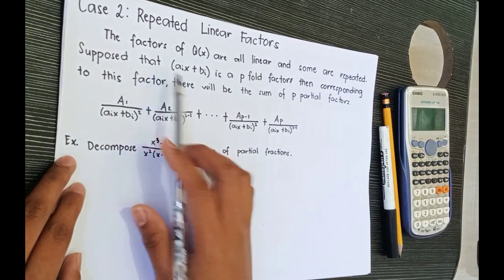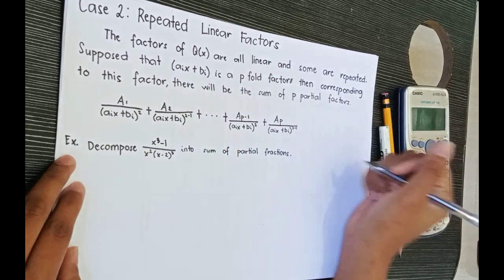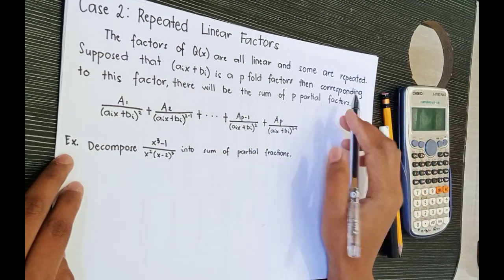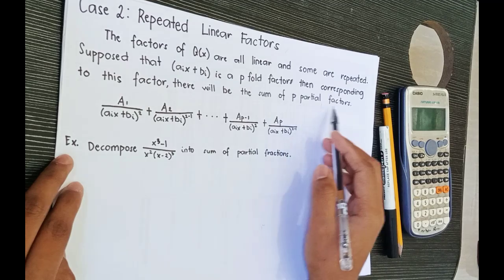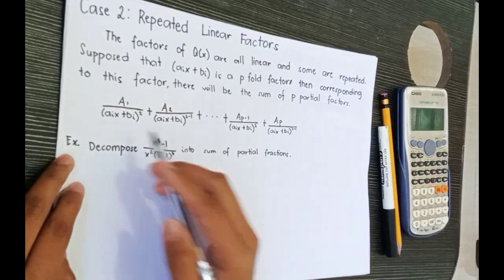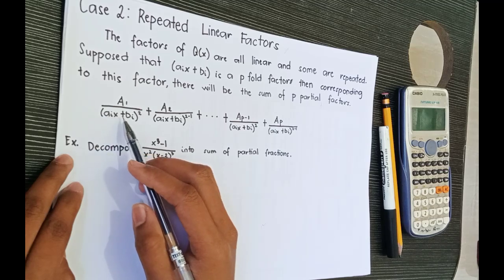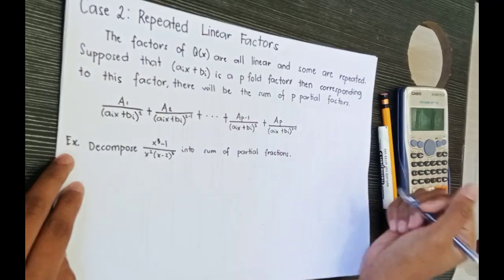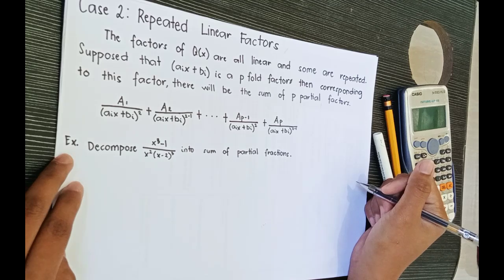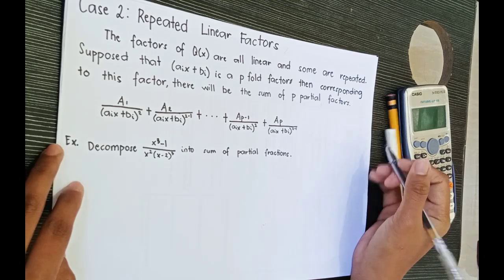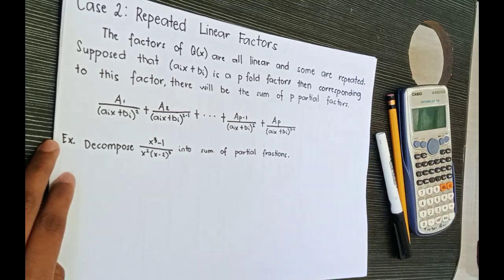Suppose that we have (aix + bi) as a p-fold factor. Then, corresponding to this factor, there will be the sum of p partial fractions in the form A sub 1 over (aix + bi) squared plus A sub 2 over (aix + bi) raised to 2 minus 1.